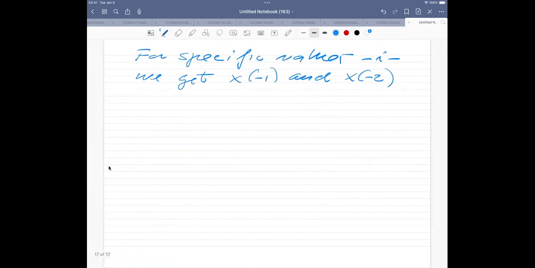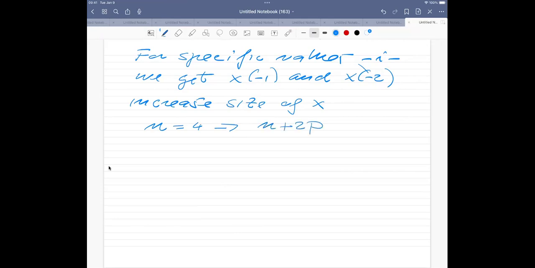So what I would do is add parameters. I can increase the size of x, so that n, which previously was equal to 4, now goes over to n plus 2p, where p is my padding.